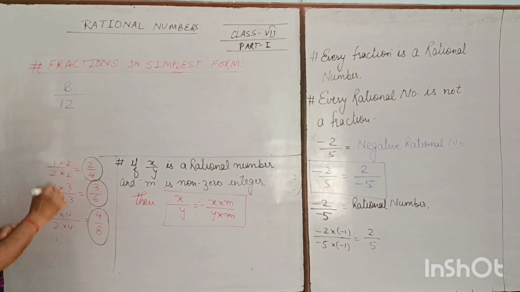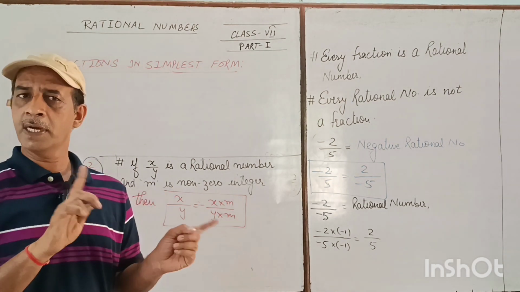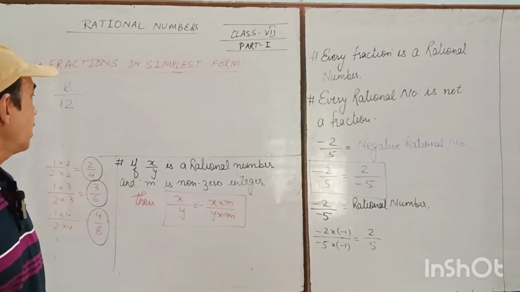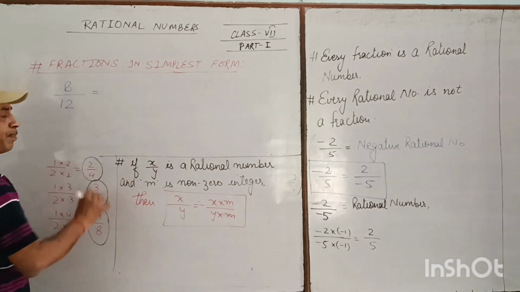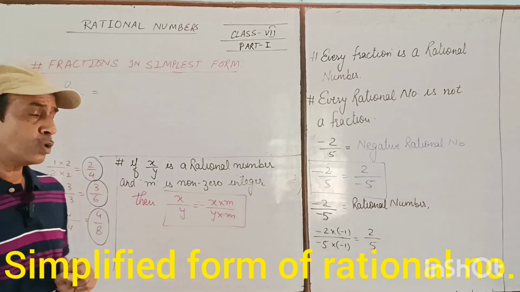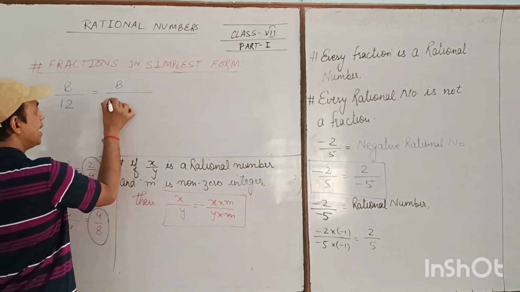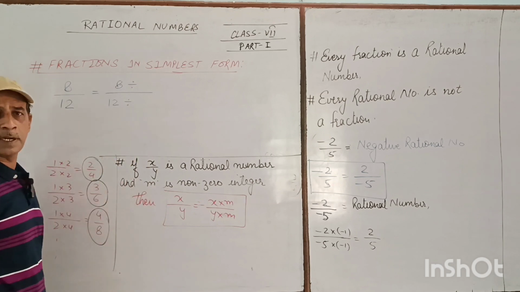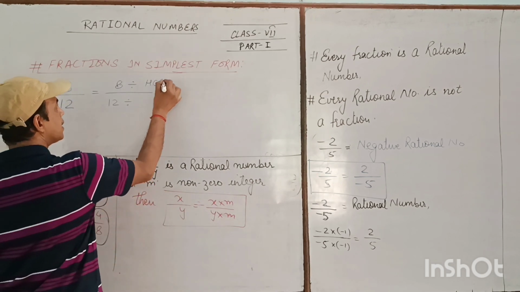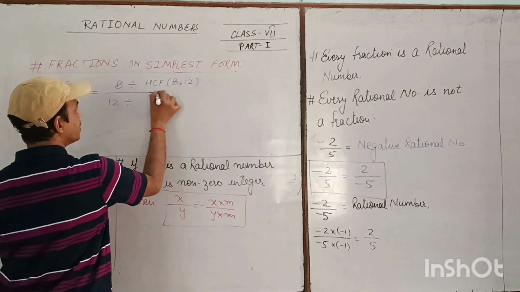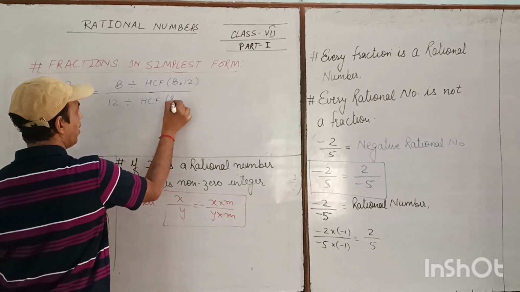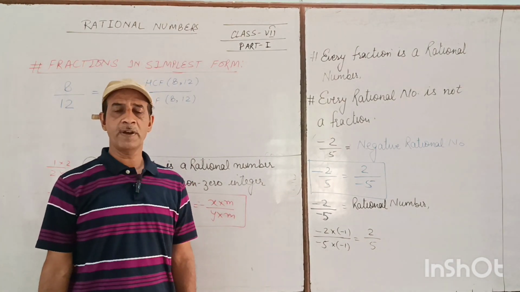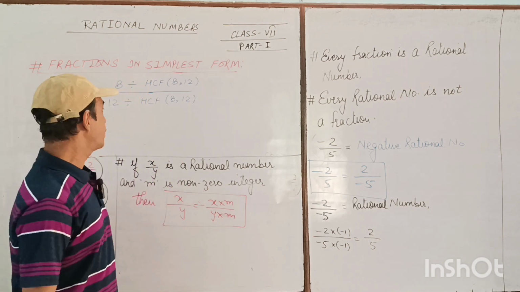This thing you must have done in the earlier classes also. But again, we have to deal with rational numbers. So fractions you must have done. If you want to simplify 8 upon 12, what did we used to do? You have to divide its numerator and denominator by the HCF of 8 and 12. HCF you must be remembering, highest common factor, which you studied in class 6th.